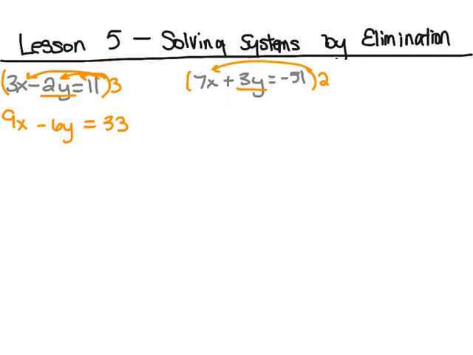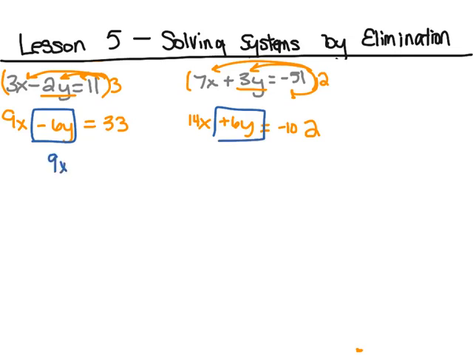Same with here. 7x times 2 is 14x. 2 times 3y is 6y. And 2 times negative 51 is negative 102. Now we have our y's the same, so we'll rewrite as 9x minus 6y equals 33, and 14x plus 6y is equal to negative 102.